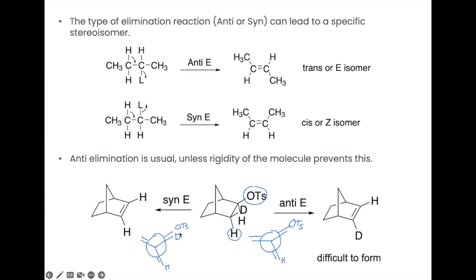We are removing this deuterium and the O-tosyl group. Oh, then they are syn periplanar, which is the requirement. Because they are periplanar, then it will undergo syn elimination.